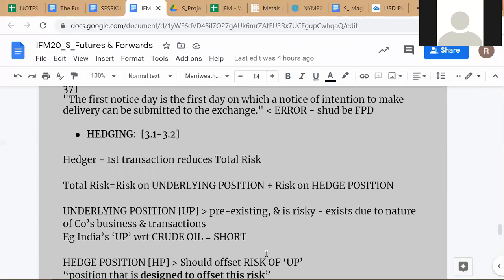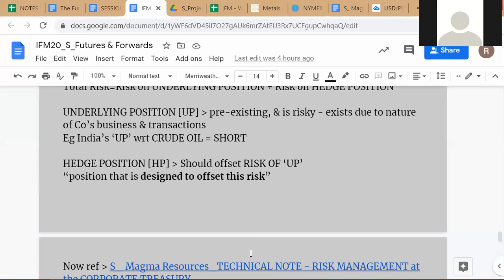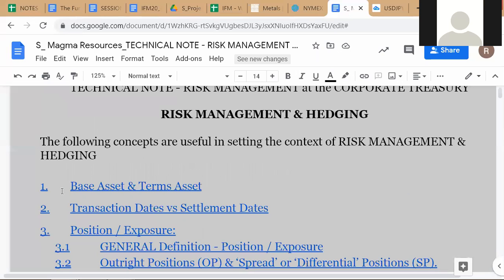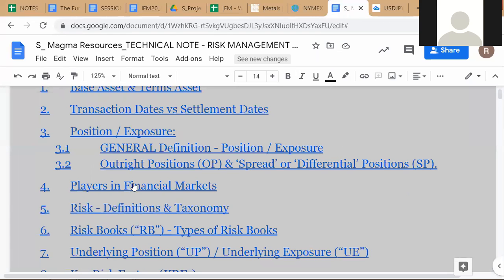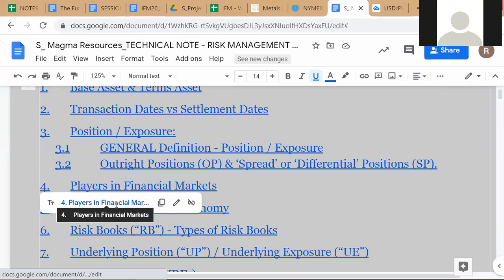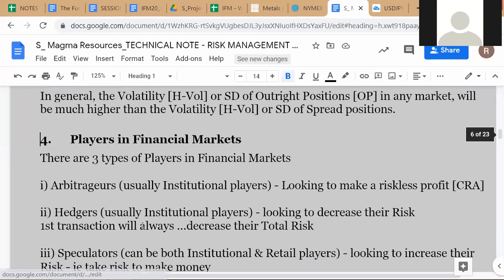We have a few notes here, and then we move to the big note here, which I will put into your folder. Total risk is this. We can make use of this, take it and put it here, and say, no, we are talking about players in financial markets.